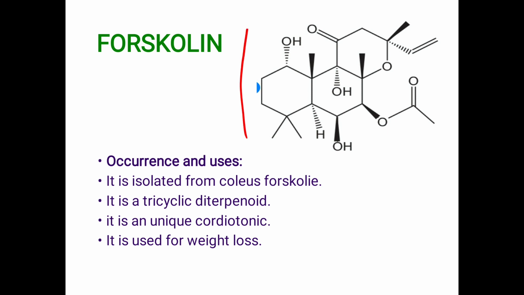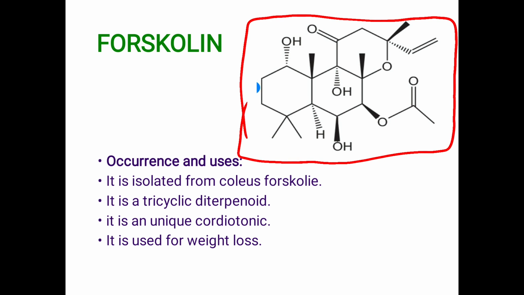This is the structure of forskolin determined by using spectral data: C13 NMR data, proton NMR data and IR data. So by using NMR and IR data, the structure of forskolin is determined as this.